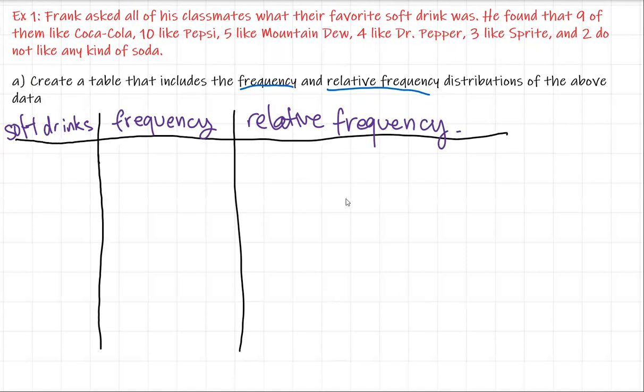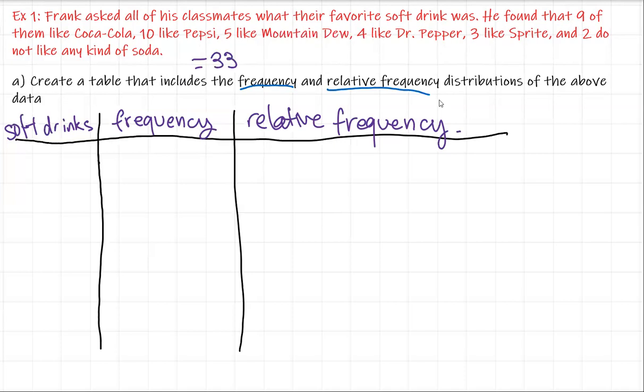We're going to need to total up all our values first, all the numbers from above, to find out what our total sample size was. It doesn't always tell you what your sample size is, so we have to make sure we do that first. Not too complicated. We just do 9 plus 10 plus 5 plus 4 plus 3 plus 2, and when you do that, you get 33.